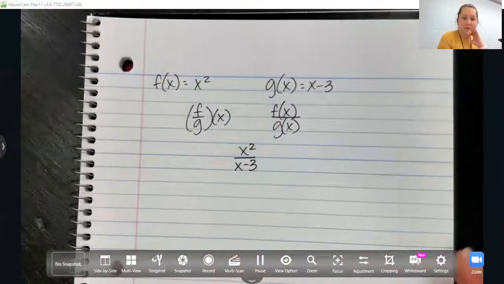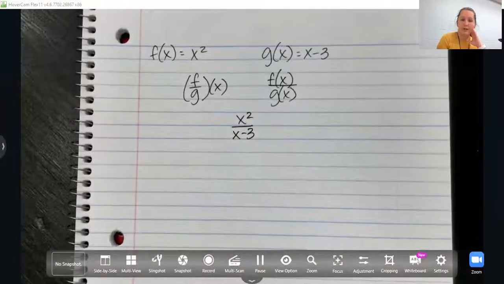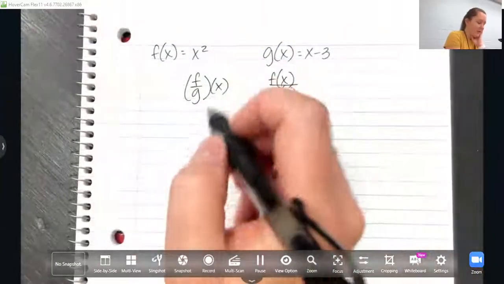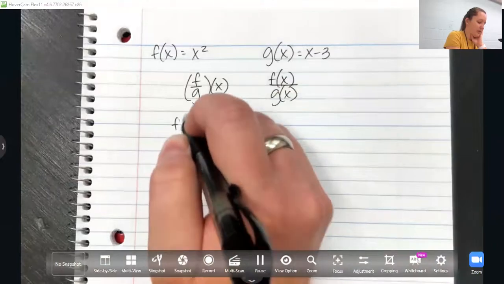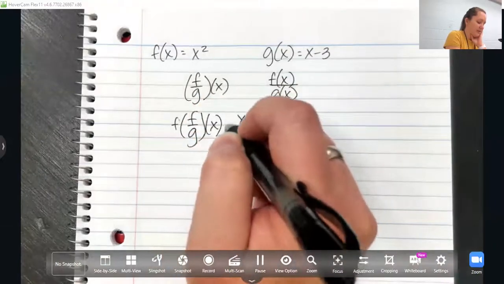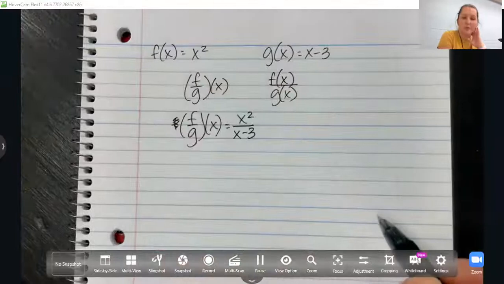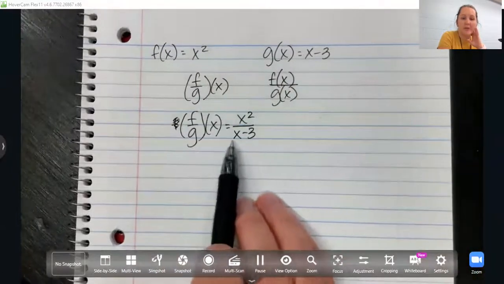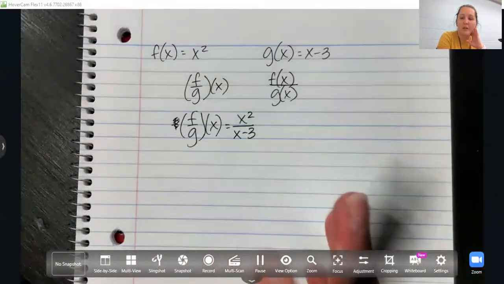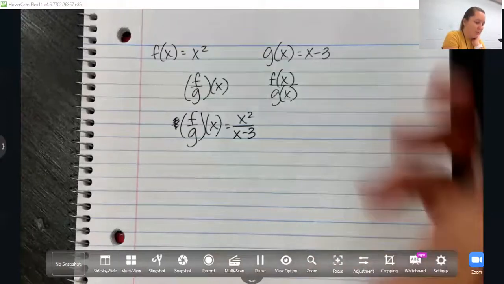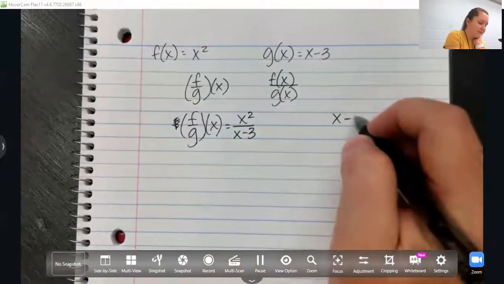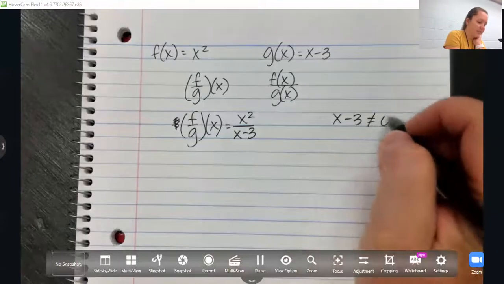Now notice in our quotient, this is f divided by g of x. When we find the quotient of two functions, we have to be mindful of the denominator. So just keep in mind that your denominator cannot be 0, right? Or then it would become an undefined function. So I want to find out, it cannot be 0.